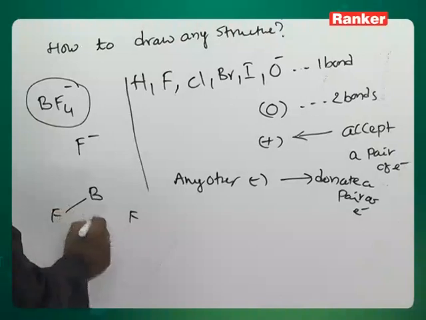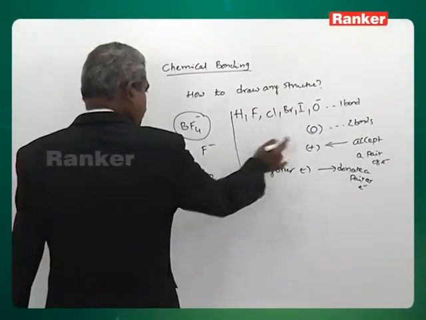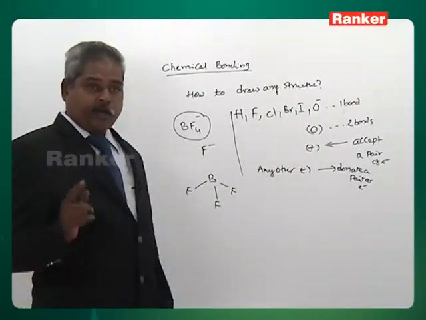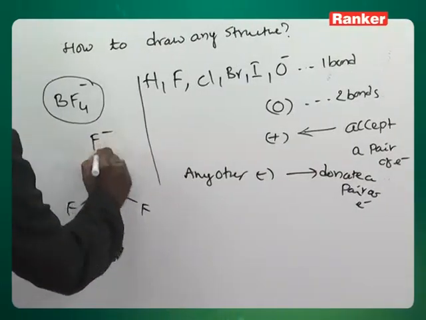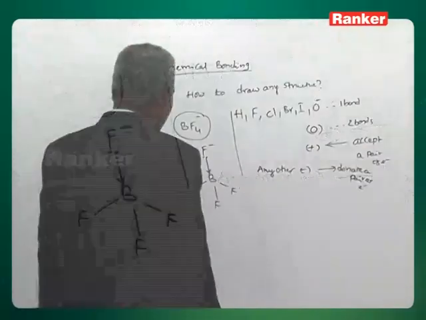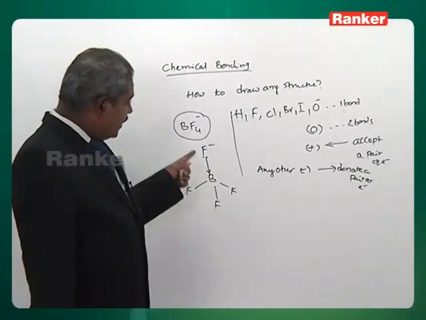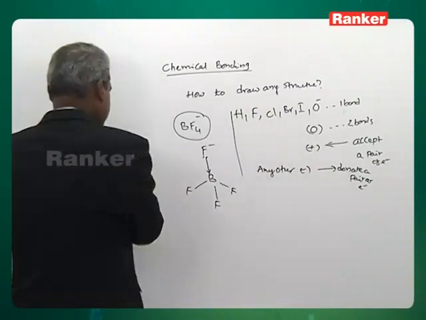Fluorine forms 1 bond. F minus: what is the role of minus in a group? Whenever there is a minus, it donates a pair of electrons to the central atom. And this is called a coordinate covalent bond. Whenever somebody is donating a pair of electrons.